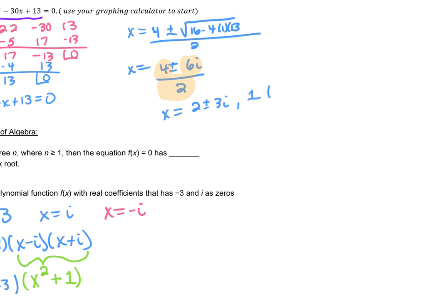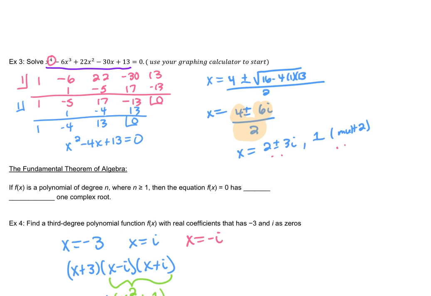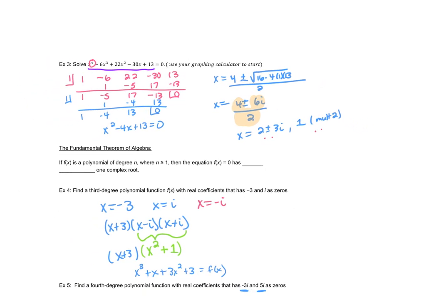And to help myself out, and I would suggest you do the same thing, you may want to put a little note here. That's of multiplicity 2. That helps you realize, okay, this is 2 solutions, and this is 2 separate solutions. Altogether, we are getting the 4 that we said we need. Does that make sense? Okay.